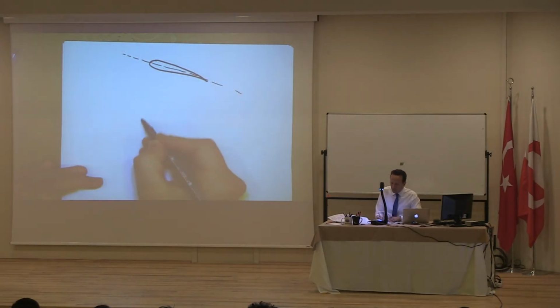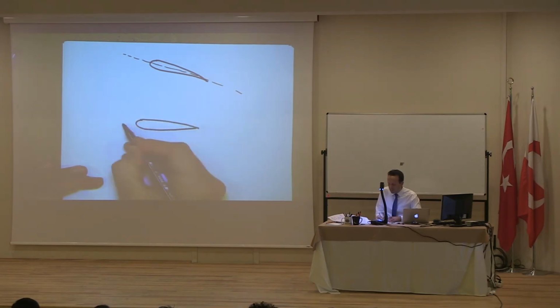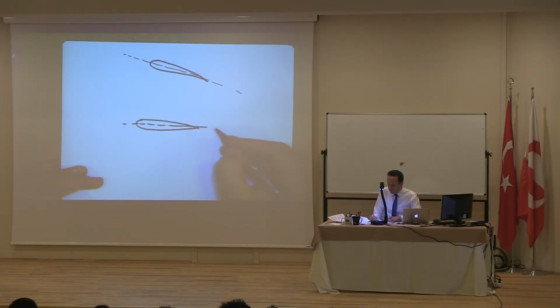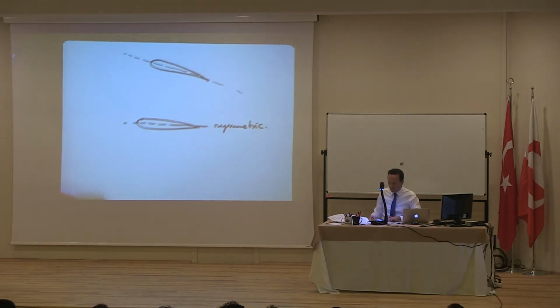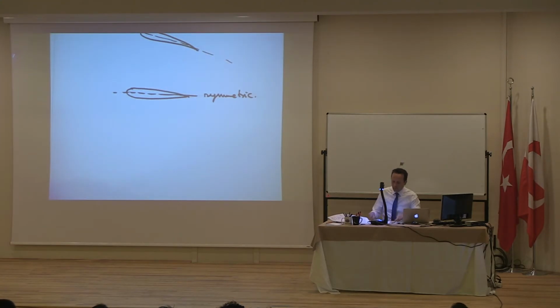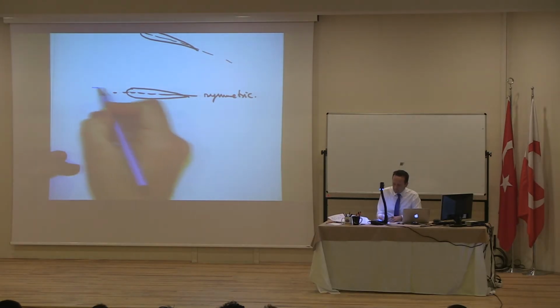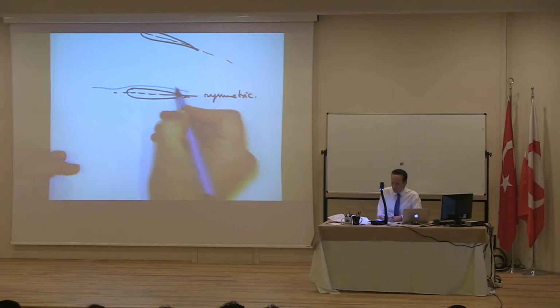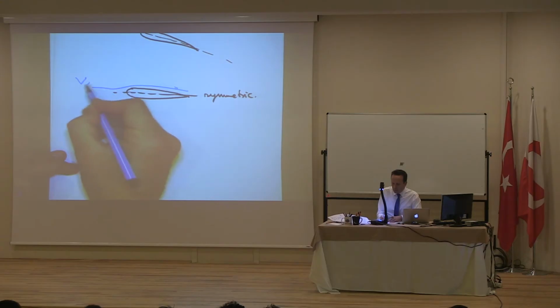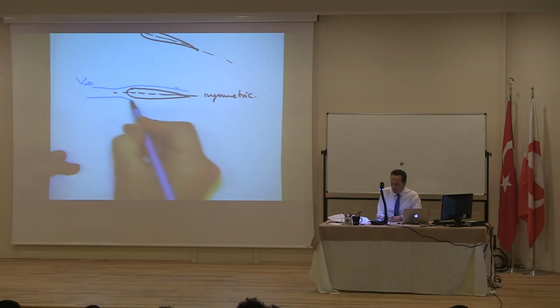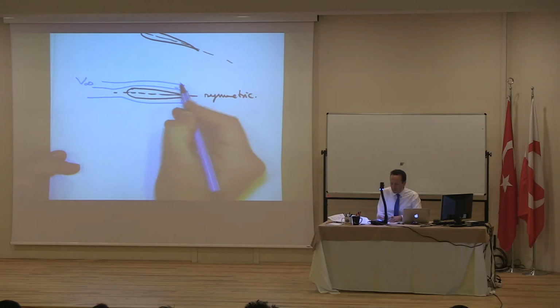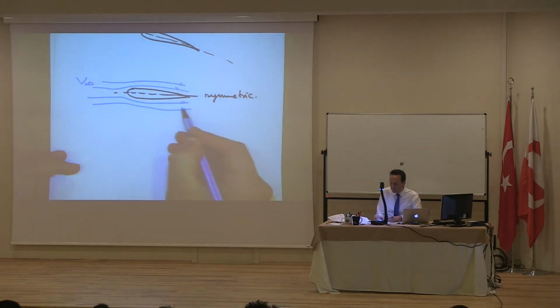In fact, the airfoil might look like this, totally symmetric. And if you have a symmetric airfoil, then this is how air would flow around it. It would be symmetric at the top, symmetric at the bottom.